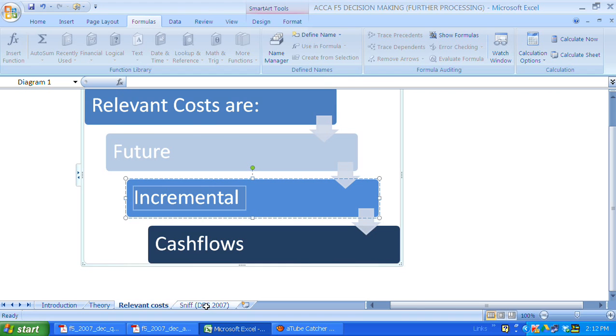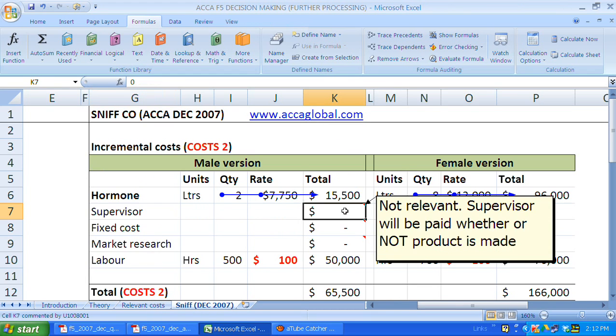So the supervisor costs are 0. As you can see, the supervisor will be paid whether or not the product is made. So the supervisor costs are 0. I hope that is clear. Supervisor costs are 0 because whether or not the product is made, we shall pay him his salary.